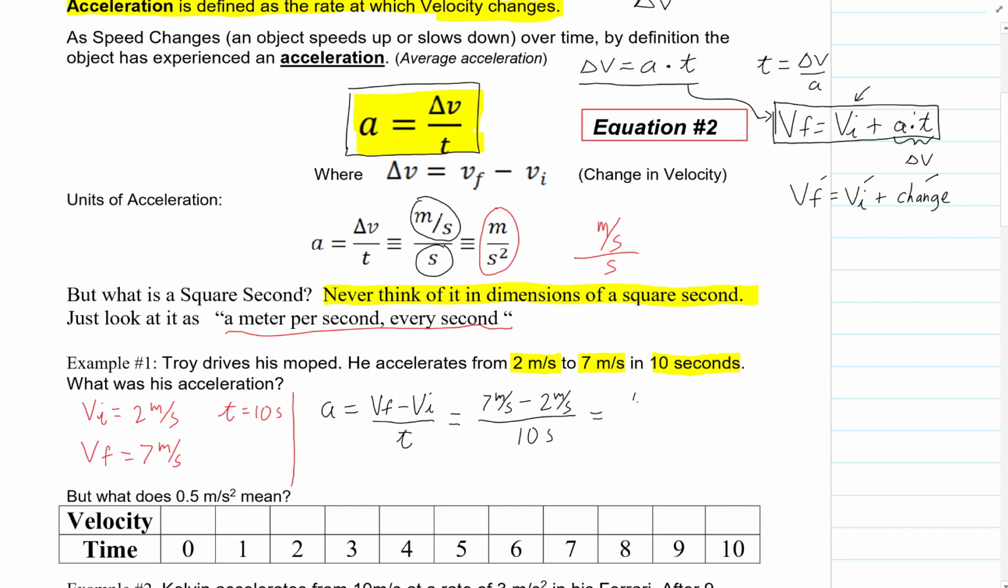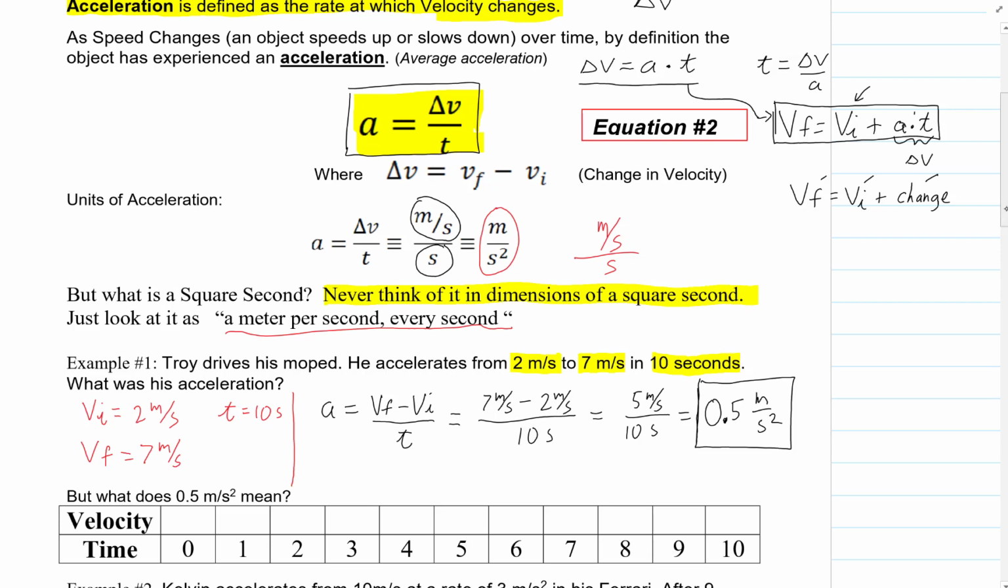The numerator becomes 5 meters per second, and the denominator is 10 seconds. Mathematically, this is 0.5, and algebraically for the units, it's meters per second squared. That's our answer of 0.5 meters per second squared.